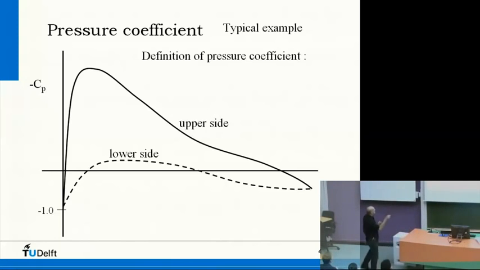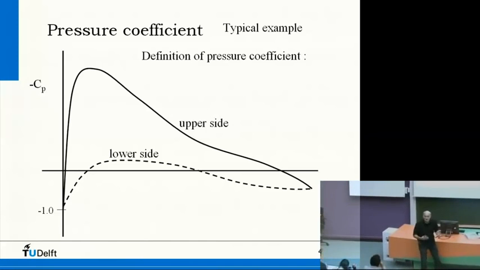Of course, this is the same, but generally you would see -4, -6, and so on, and here you would see 1. This is the upper side, this is the lower side, because we have negative pressures here. In general, we say upper side of the airfoil, but also suction side, because of the low pressures there.